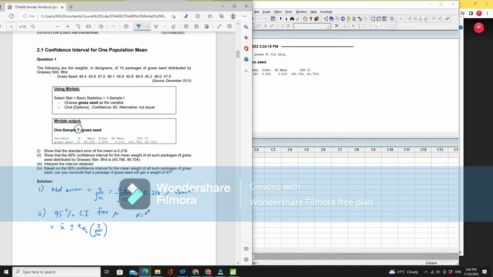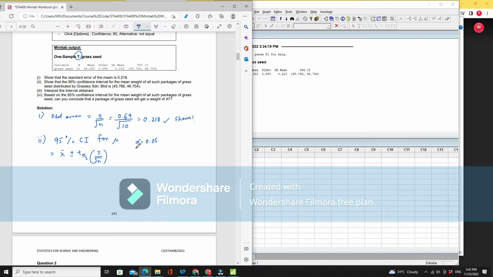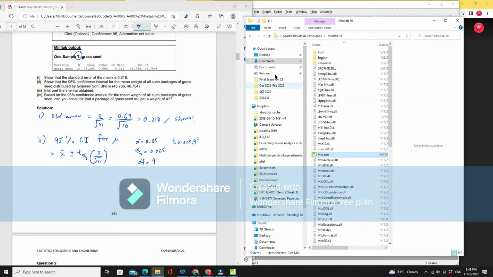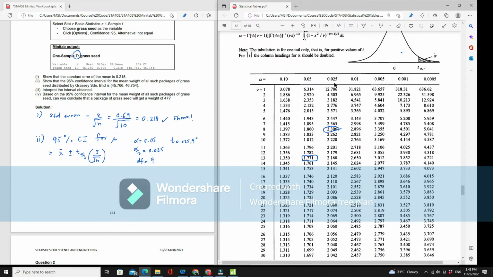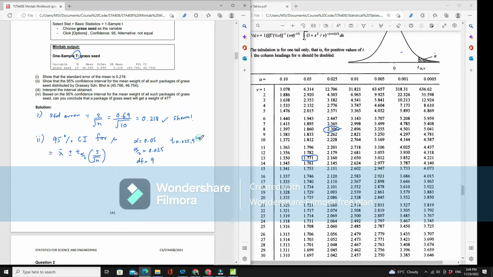Alpha here is 0.05, so alpha over 2 is 0.025, and degrees of freedom n minus 1 is 9, so t 0.025, 9 equals, referring to the table, 2.262. Substitute: x bar is the mean, S is the standard deviation, and this one is the standard error of the mean.